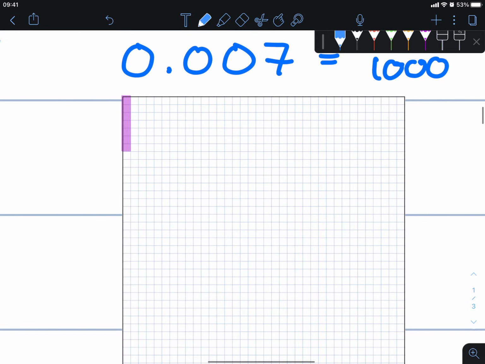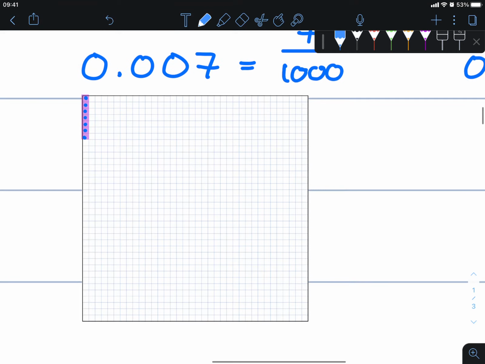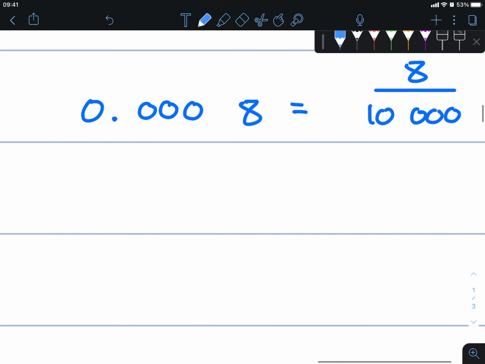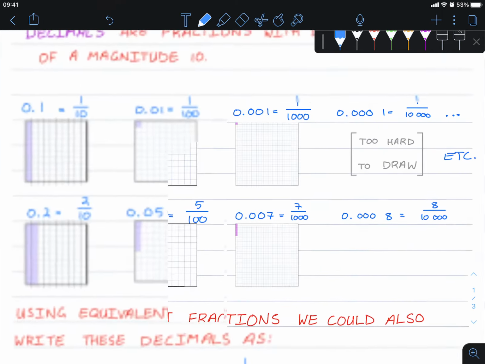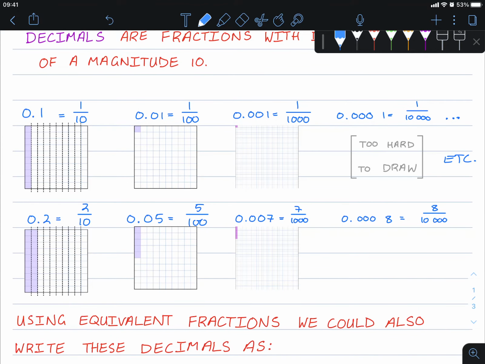There are 7 blocks highlighted. 1, 2, 3, 4, 5, 6, 7 out of 1,000 blocks. And 0.0008 is 8/10,000. And I think you get the idea as to what decimals are.